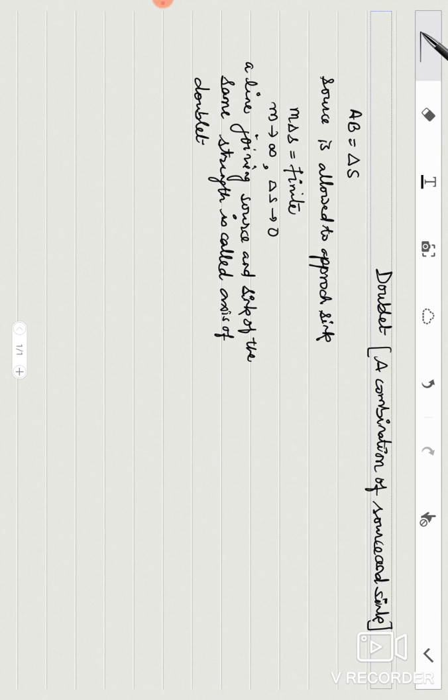I'll draw another picture. Suppose here is a point A where we have a source. So I am writing just M. And let this point be denoted by Z1.